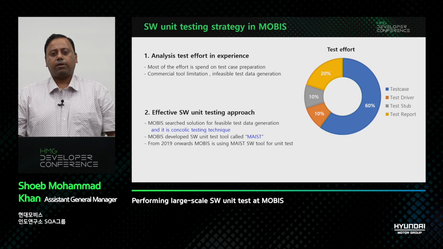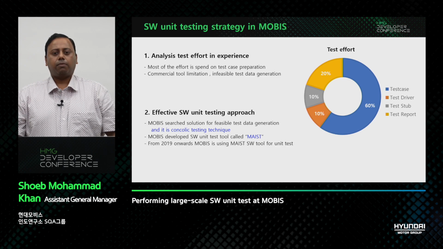Upon closer examination, we have noticed that although most of the test data generated by the commercial tools is based on data types, it often results in infeasible data, leading to extended test case execution time to increase the code coverage. In response to this challenge, MOBIS conducted research to find a solution and identified the concolic testing technique as a viable approach.